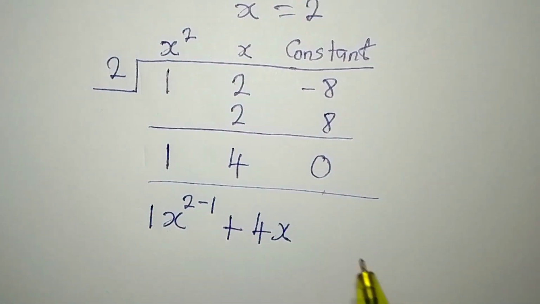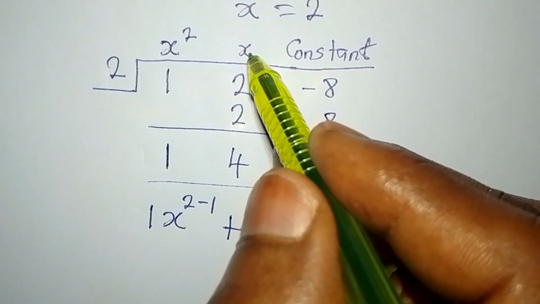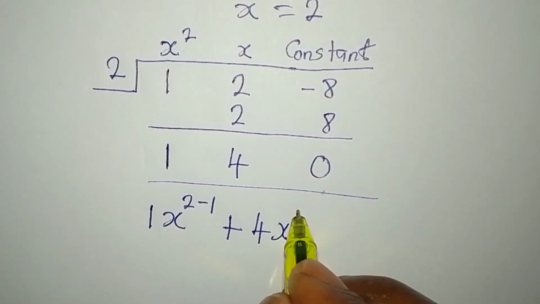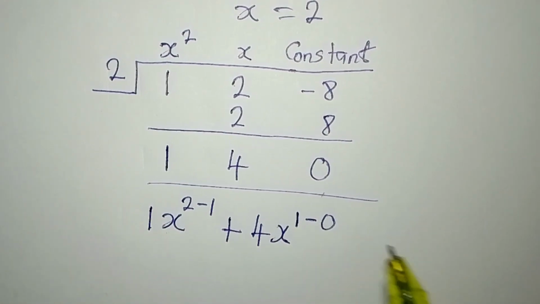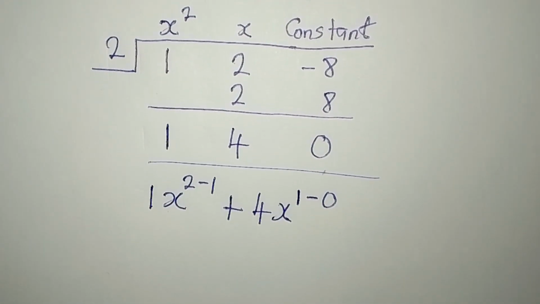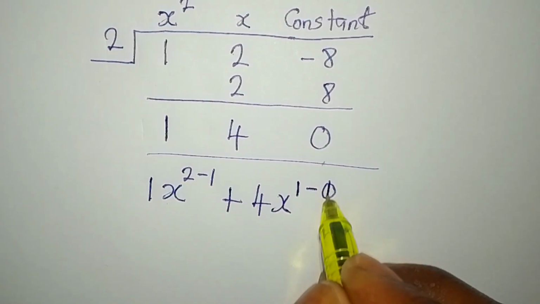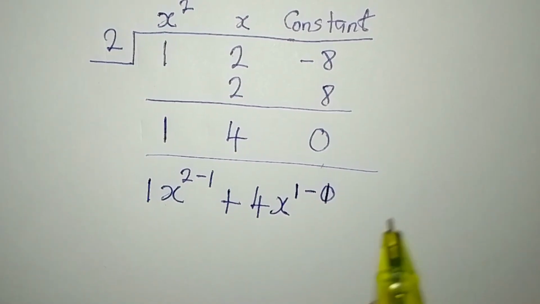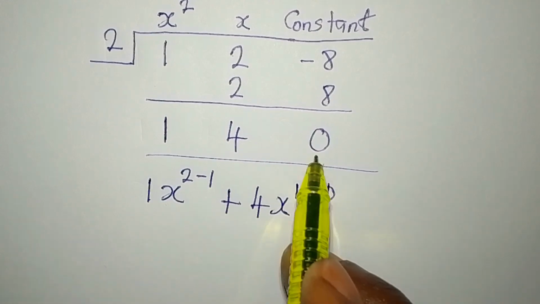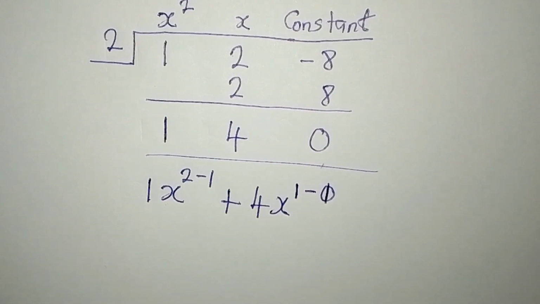So we write x over there. Now, the power of the x is 1, so it's going to be 1 minus 1, and this is 0. We neglect it.